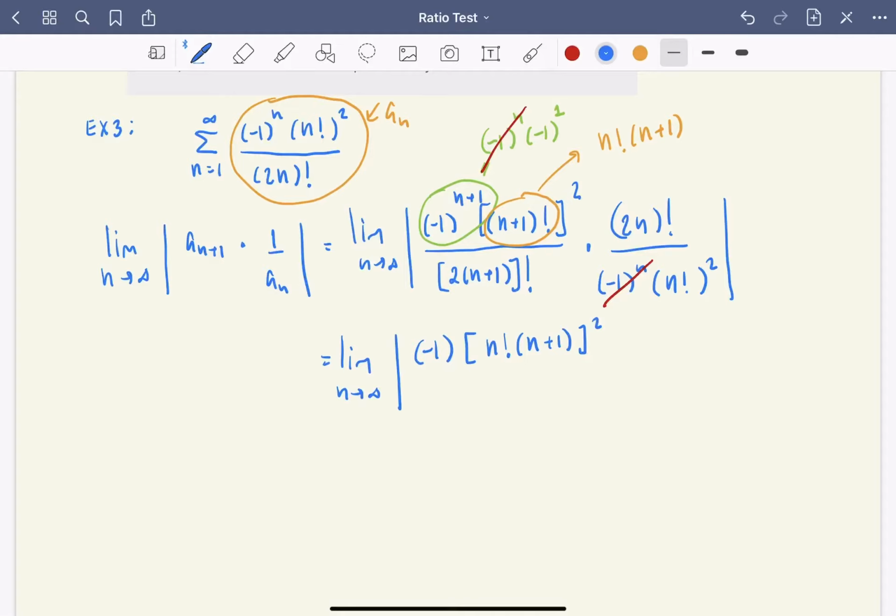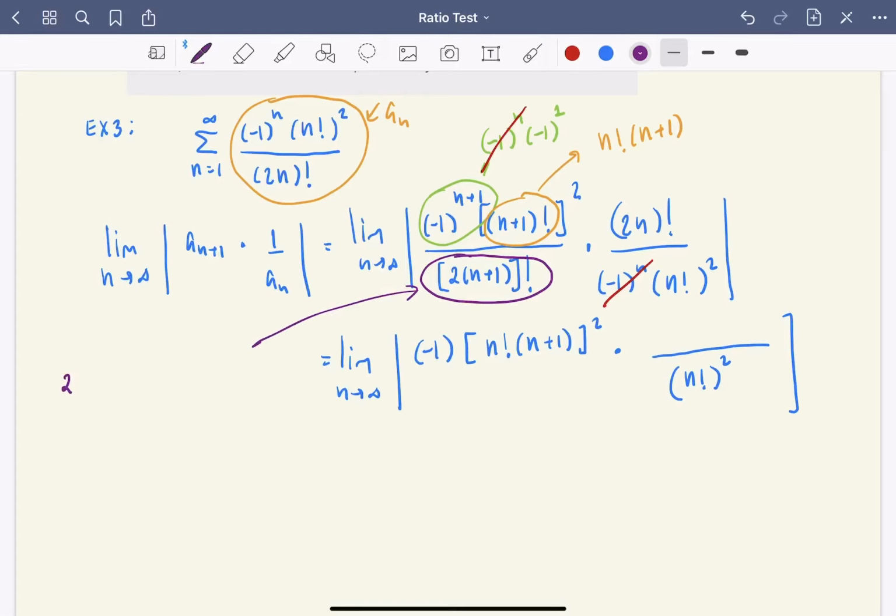Okay, and then at the denominator we have n factorial squared. Okay, now let's work on this one.